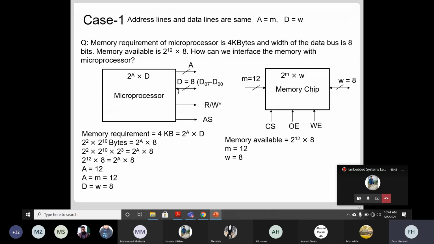Okay. Now we want to connect this microprocessor with the memory. अब समझ आ रही बात नहीं? What problem we want to solve? Yes, sir. We want to connect this. Okay. Now you have a USB slot and you have USB. What will you now do? सर यूएसबी में डाटा लोड भी कर सकते हैं.